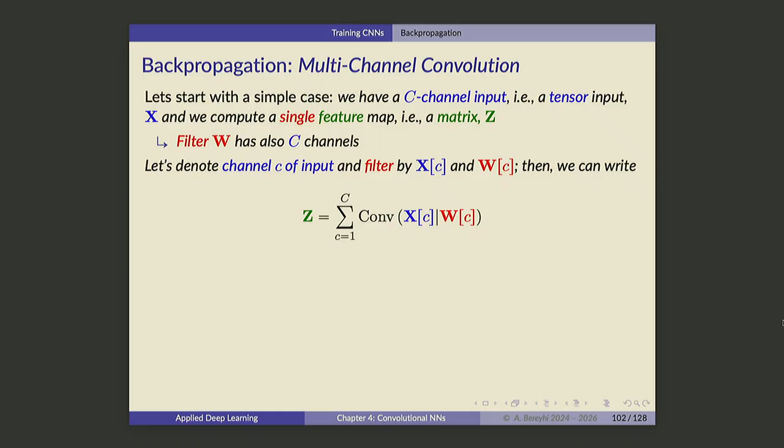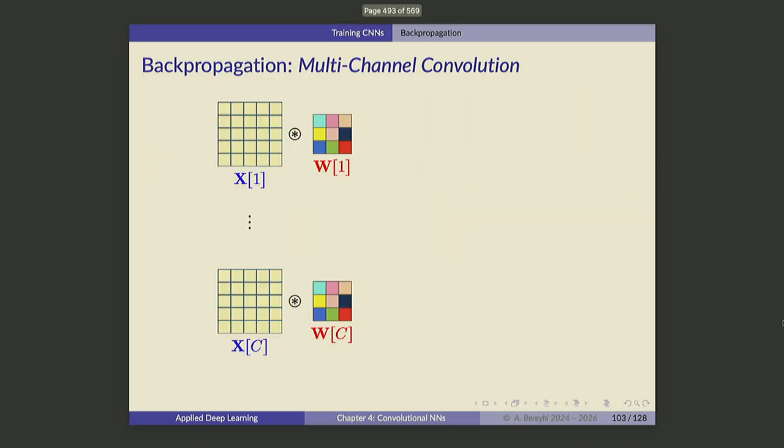Okay, so if I write it down in this form, then it is not very complicated to write down the chain rule. The first map gets convolved with its filter channel, the second map with its own channel in the filter, and so on, till the last channel getting convolved with the corresponding channel in the filter. And then I add everything up. This is how I build my output.